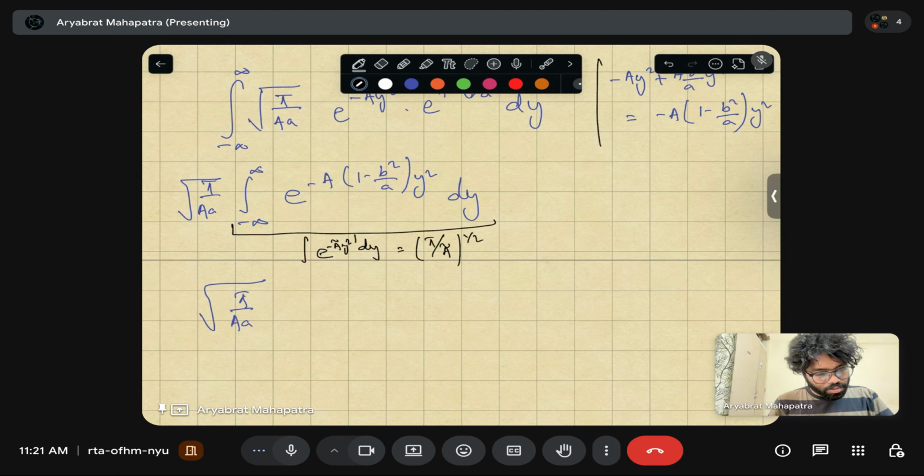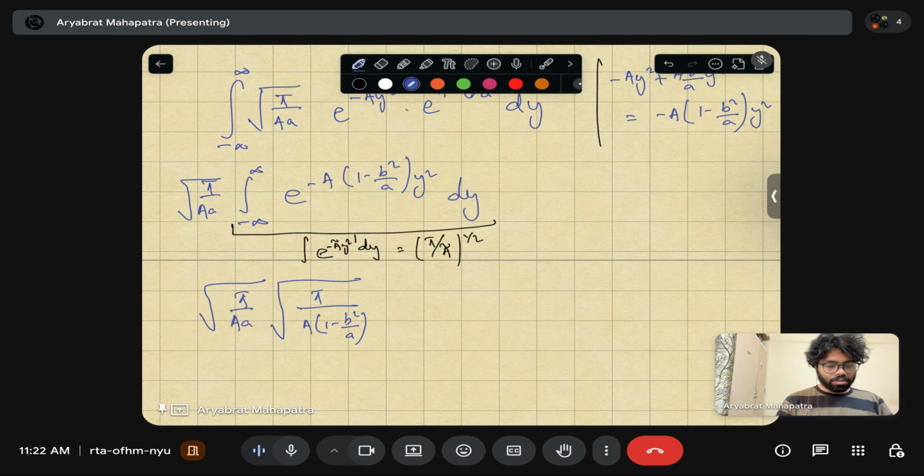So again we are getting the same type of integral. So that means you will again have something pi over a. So you have root pi over something a1 minus b square over a.